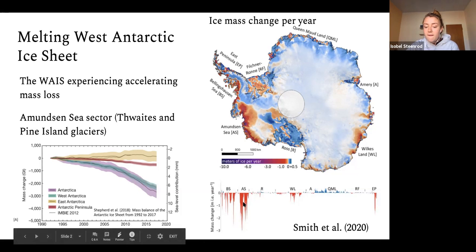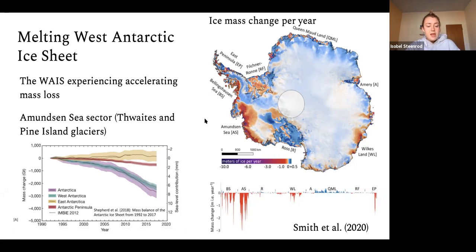These red areas, like the Amundsen Sea sector, are experiencing a lot of mass change. And the West Antarctic Ice Sheet has the biggest potential contribution to sea level change, which is in this graph on the bottom left.